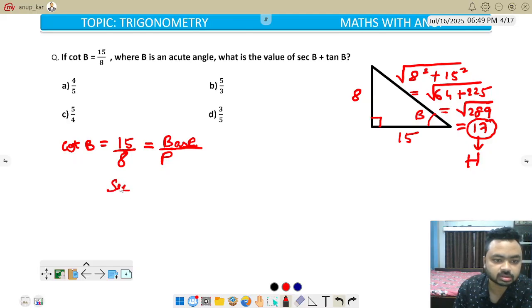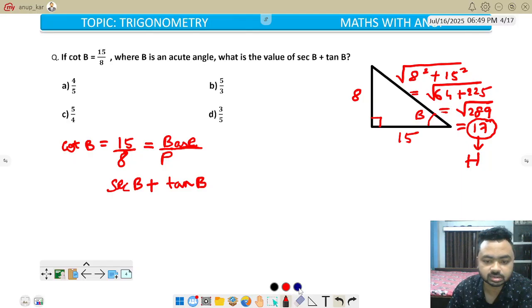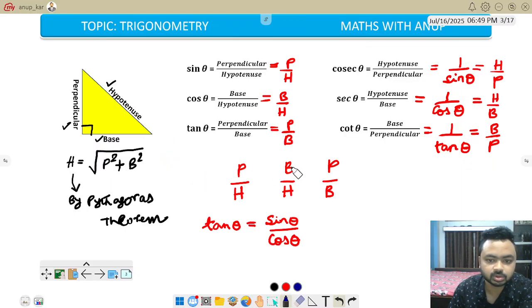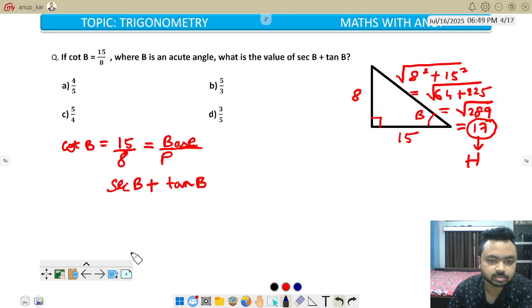Sec B plus tan B. So you can again use the trick as I have told you. Pandit Bhola Prasad, Hari Hari Boliye.